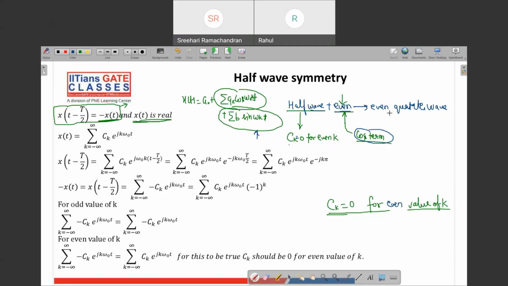So if a signal has even quarter wave symmetry, it will have the cos term and only the odd harmonics. Now the second kind of signal is when the signal is half wave plus odd. In that case, we call it an odd quarter wave.